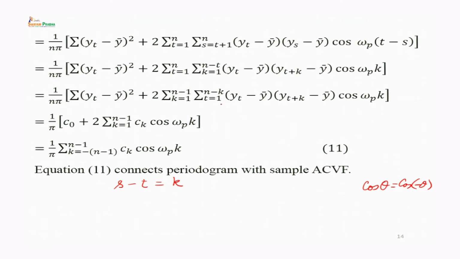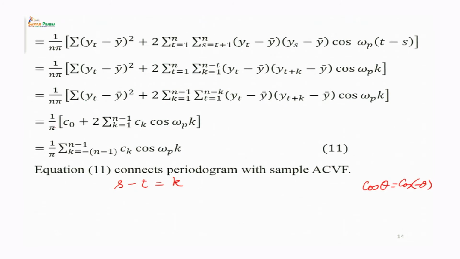Now, this is summation over t, and cos omega p k does not involve t. So, you can take it outside this summation sign, and inside what you obtain, if you divide by n, 1 upon n summation over t, y t minus y bar, y t plus k minus y bar, which is equal to C k, the kth sample autocovariance.